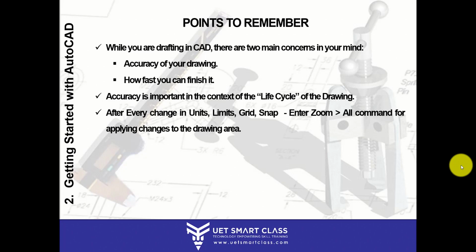Your HVAC, your air conditioning concept, will go to an HVAC consultant. So there are so many people involved who will be studying your drawing. So accuracy is the most important factor for you to remember, and accordingly you need to draw your drawings.